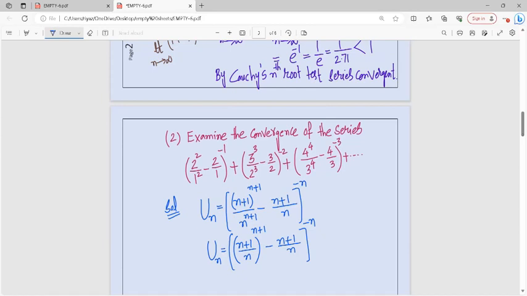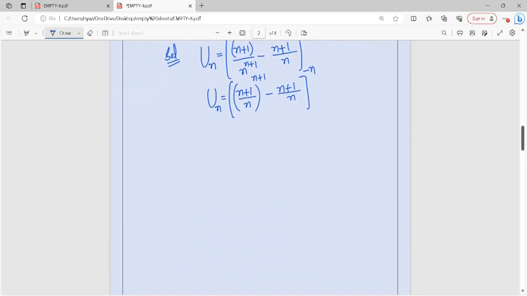Now see here. Un is equal to (n plus 1) upon n to the power of n plus 1.